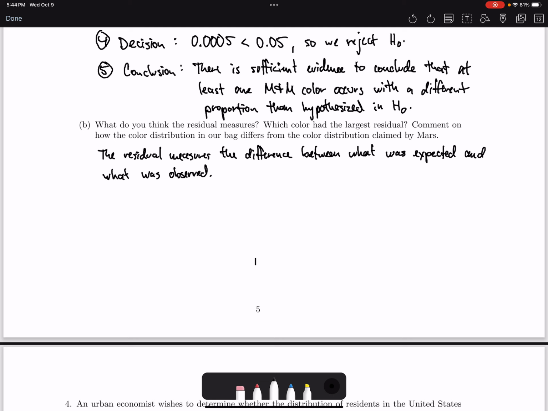The largest residual was for the yellow candies.